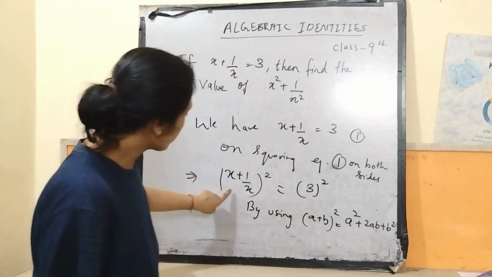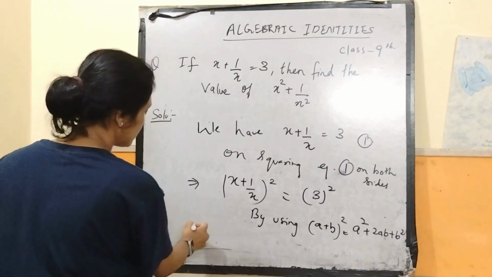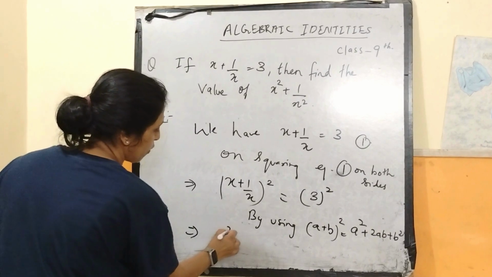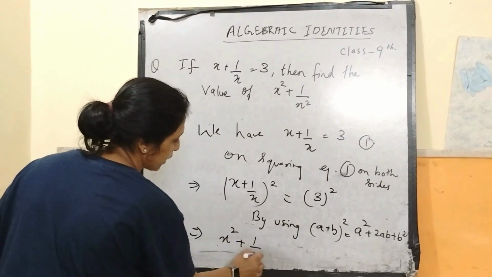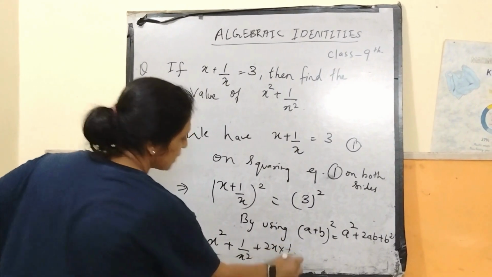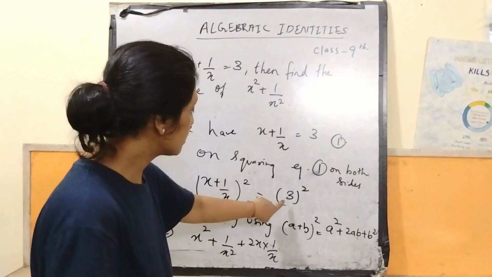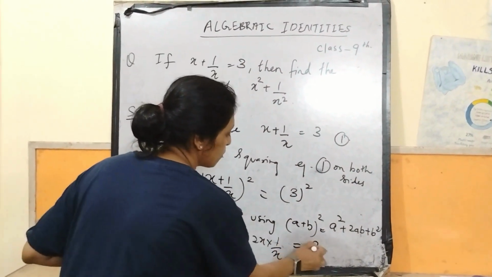So we are going to expand x plus 1 by x whole square as x square plus 1 upon x square plus 2x into 1 upon x, that is a square plus b square plus 2ab, and the square of 3 is equal to 9.